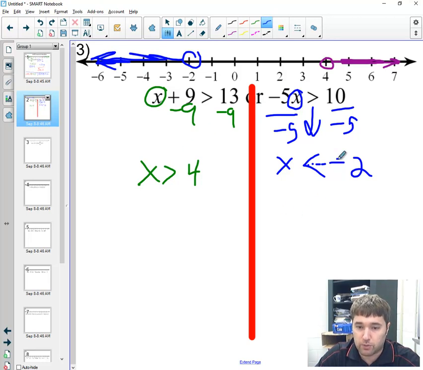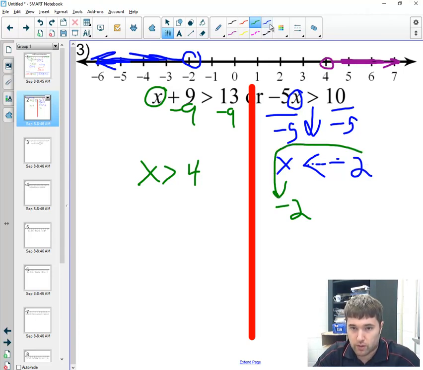Now to solve this, what we want to do is combine these two, which means we need to switch one of them. I'm going to switch the x and -2, so I'm going to have -2, bring this over, swap the inequality, and then move the variable.